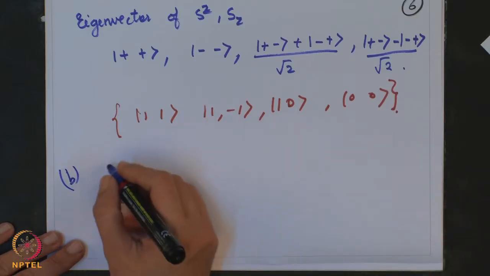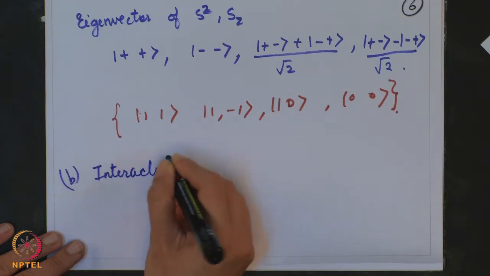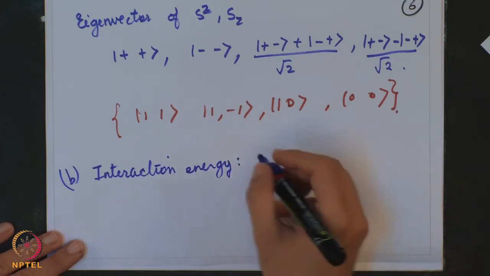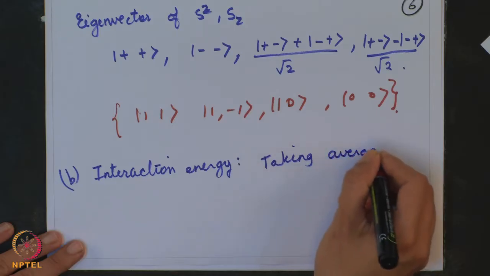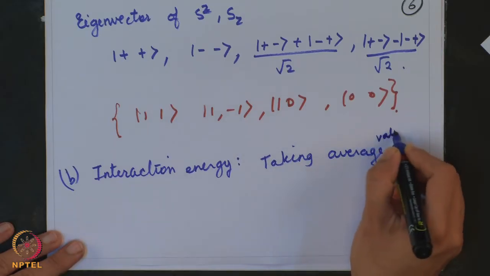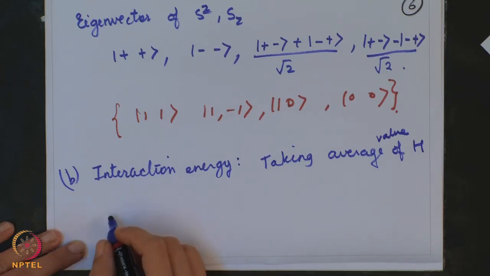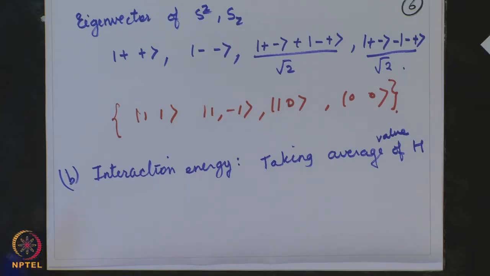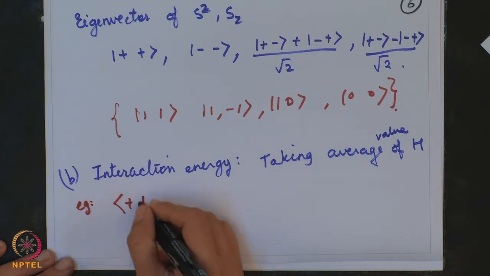In the B part you are asked to calculate the interaction energy. Interaction energy, how will you obtain? By taking the average value of the Hamiltonian, and the average value of the Hamiltonian for different eigen vectors. So, you can start, for example, I can give you one term and then you can enjoy doing the rest.